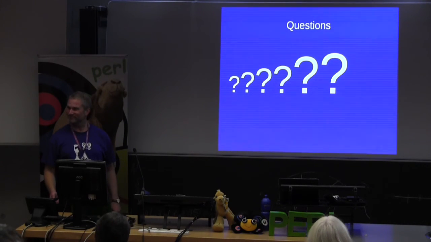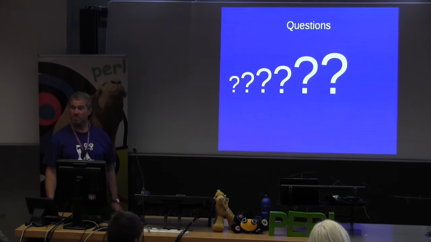Any other questions? Yeah. What happens when you use a big int and then use integer? Next slide. In Perl 5, if you use a big int and then an integer, and use big int and then next time use integer.